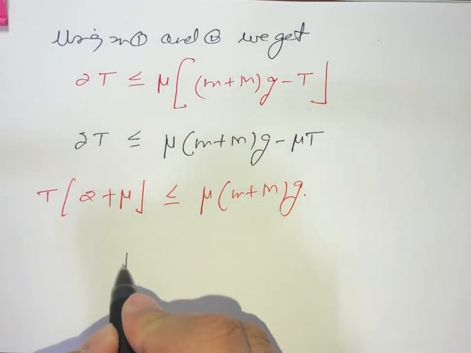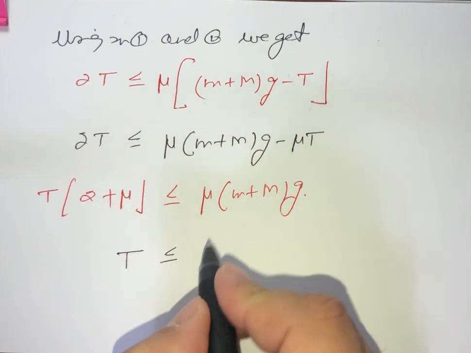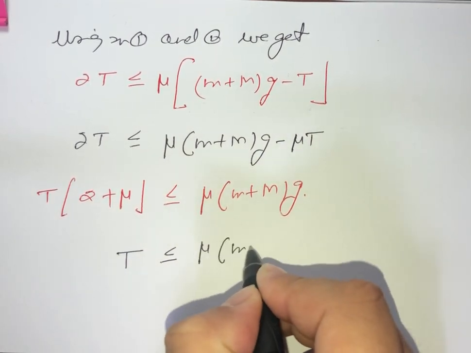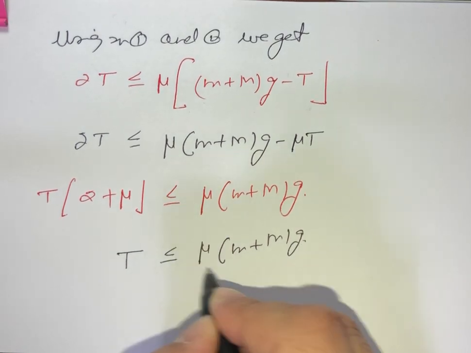So from here we can say that T is less than equal to mu m plus capital M g divided by 2 plus mu.